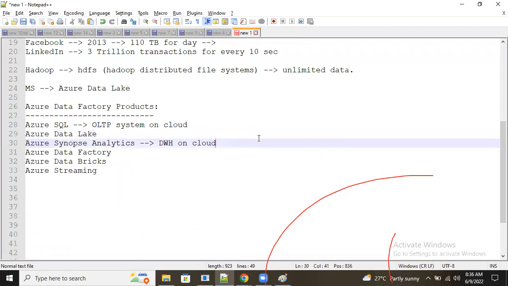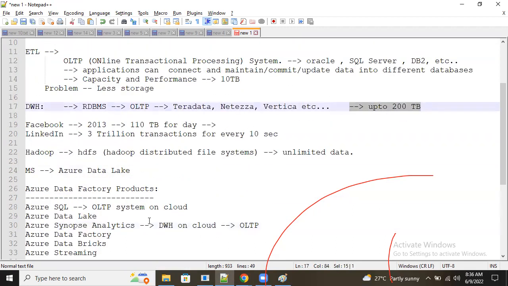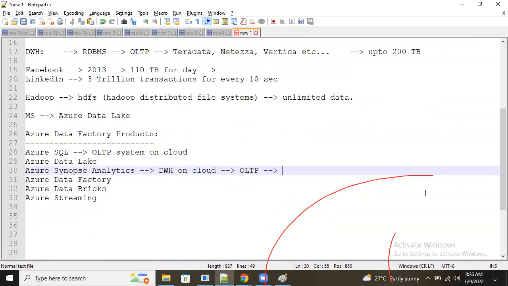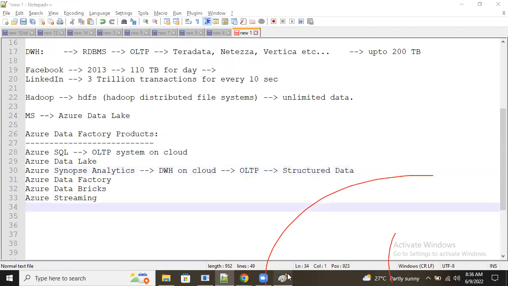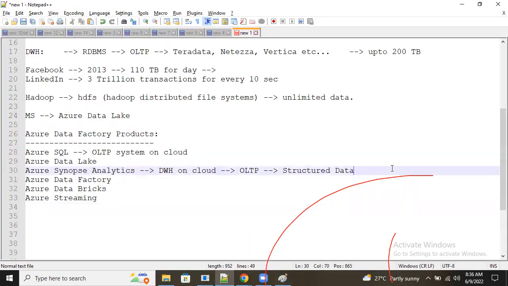Azure Synapse has its own disadvantages. It can store only structured data, which is coming from the OLTP system.